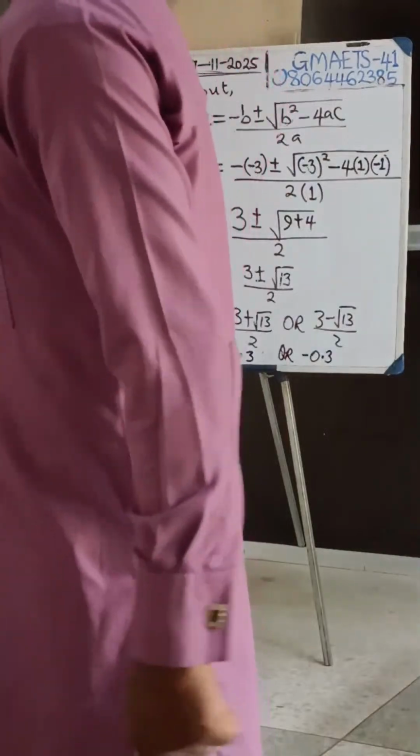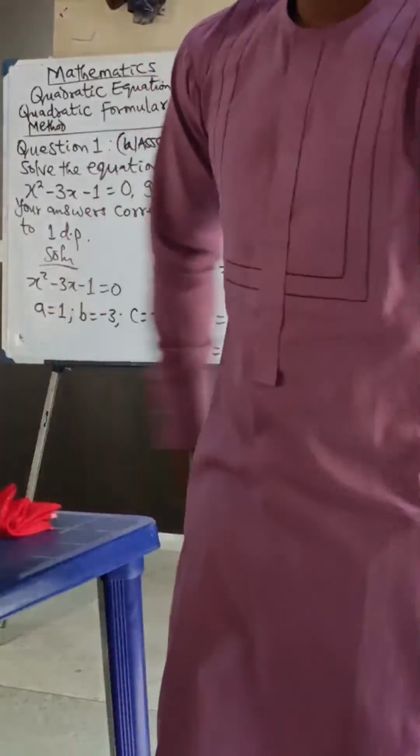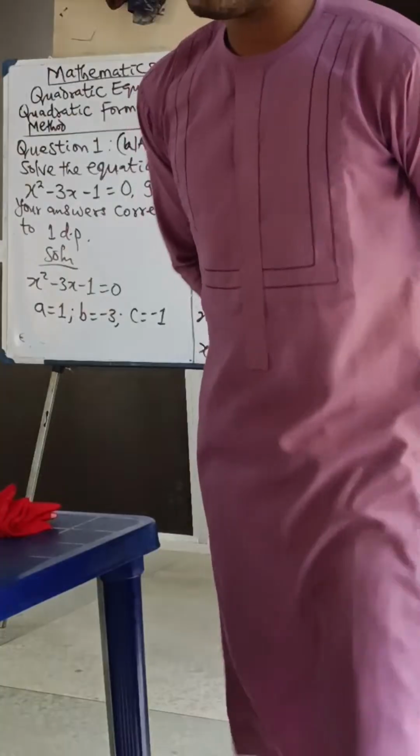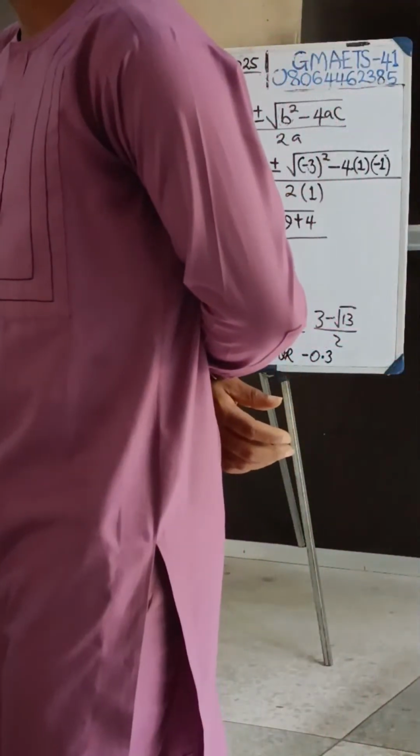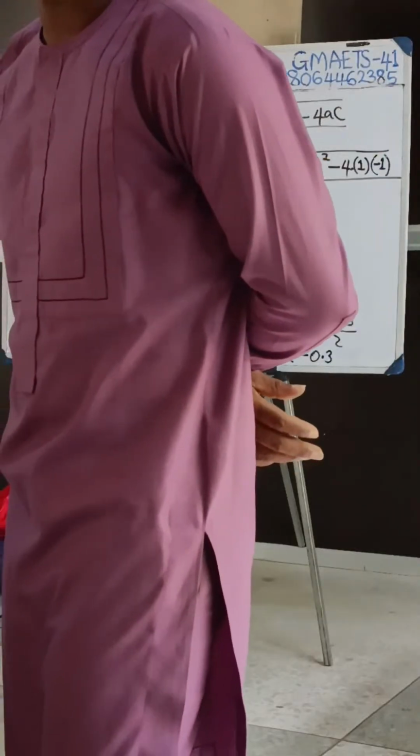Chika, the source of this question, was it objective or theory? Maybe theory, is that not so? Good. Where you use a calculator, although even in objective you use a calculator too.